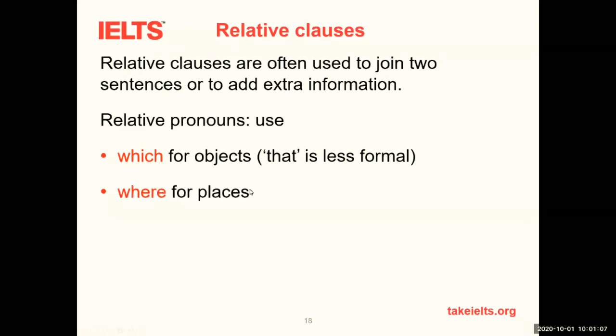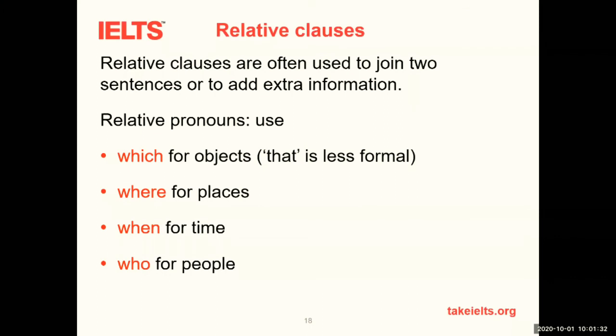We can use where for places, to describe what happens in places. When for time, obviously. And who for people. But generally speaking, we don't refer to people very often when we're dealing with a process diagram because we're not interested in the people.